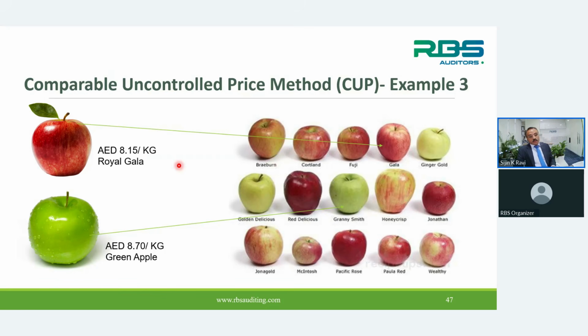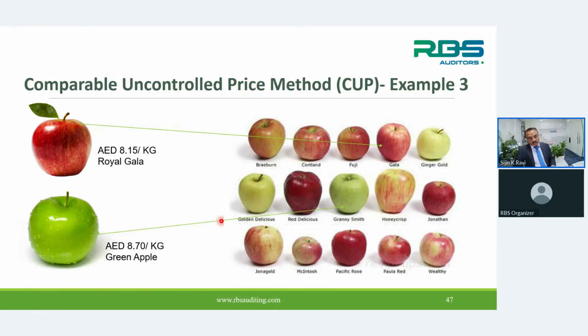So you cannot straight away compare the Royal Gala red apple price per kg in AED with Fuji. If you are comparing with Royal Gala, then it is fine. If you are comparing with something else, then it is not possible.